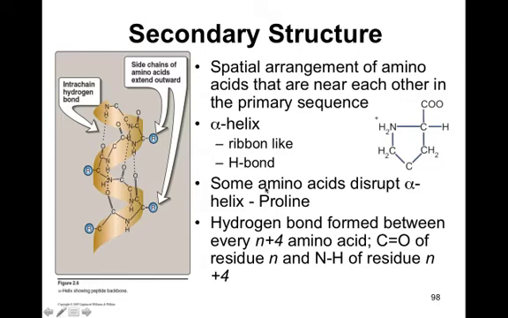Now there are certain amino acids that cannot be a part of alpha helices, and one such amino acid is proline. Now this is the structure of proline. What makes proline unique is that it is the only amino acid that has its R group bending onto the backbone.